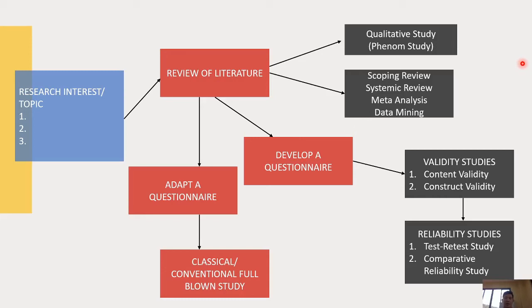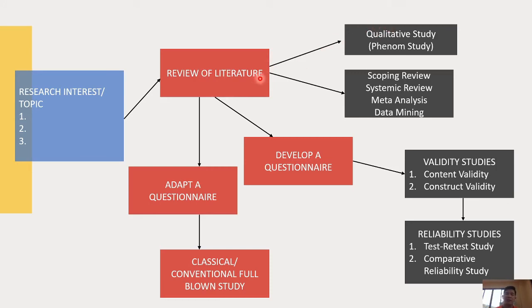So I would like to share the possible pathways or directions of a student or researcher doing a research, as he or she may enlist the possible topics from the most interested to least interested, and do a review of literature about it to validate the existence of data or knowledge, if it is well known or unknown. And if it is an unknown topic or research interest, a student may do a qualitative study.